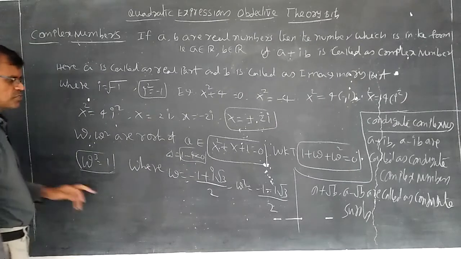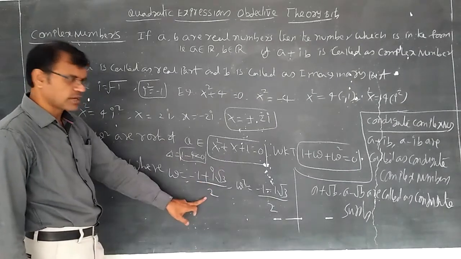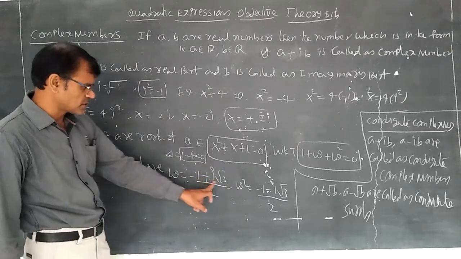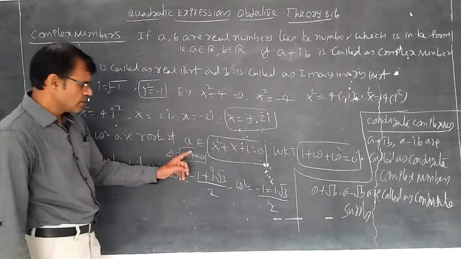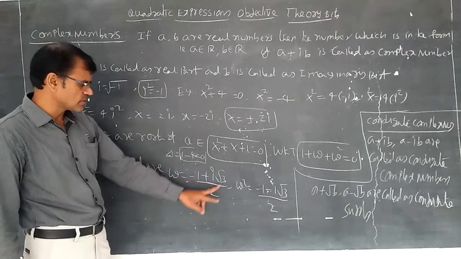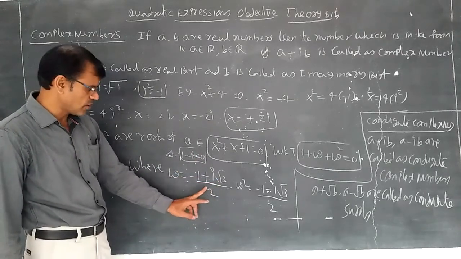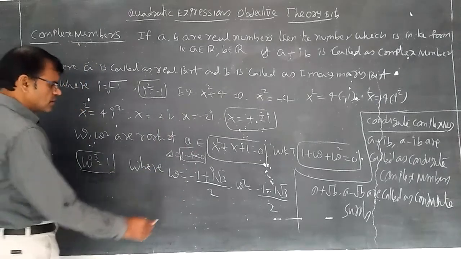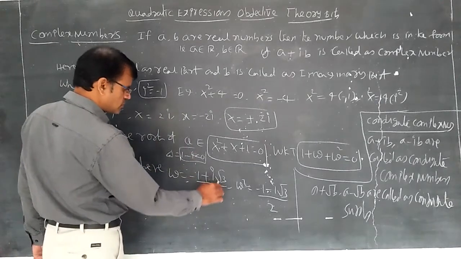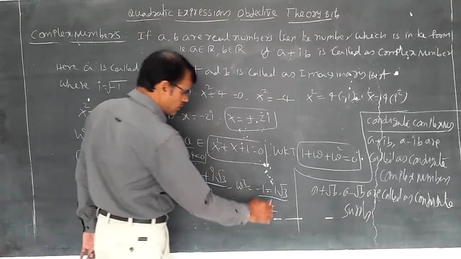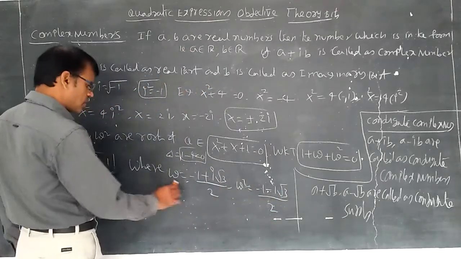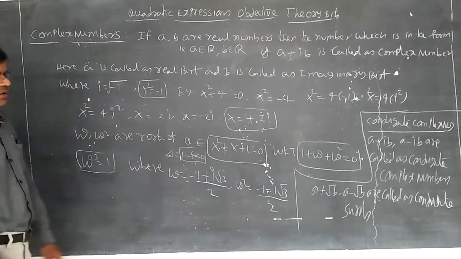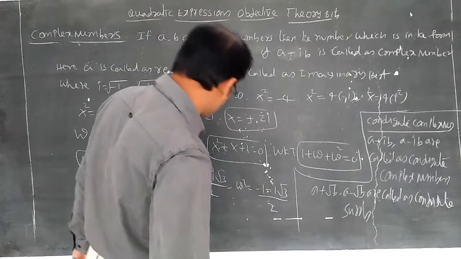According to the formula x = (-b ± √(b² - 4ac))/2a, the roots are indicated with omega. Observe here, we got -1/2 + i√3/2 and -1/2 - i√3/2. They are conjugate complex numbers. Omega and omega square are roots of x² + x + 1.